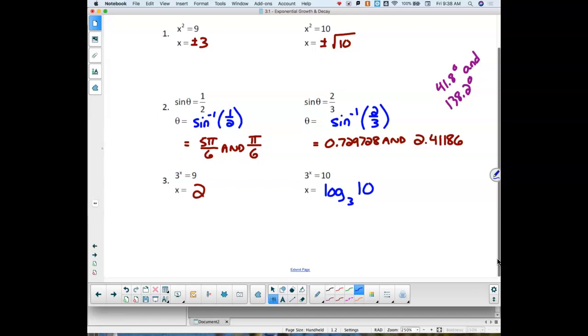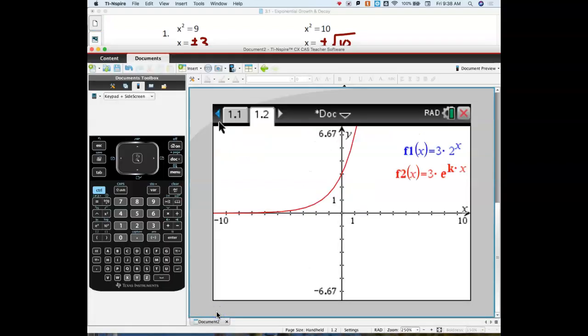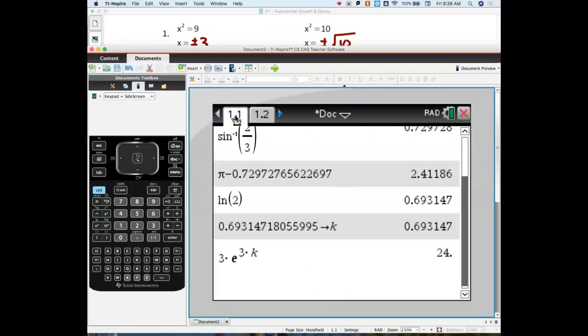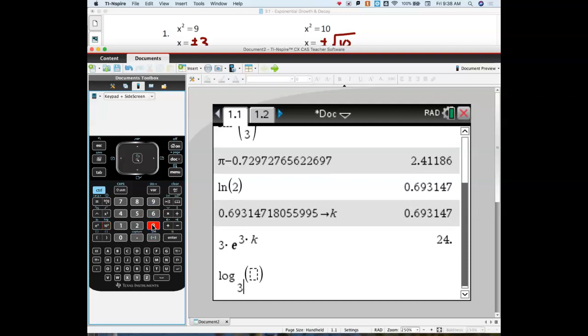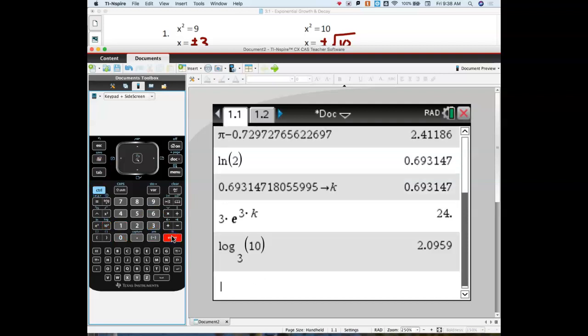Okay? Now, if I want a decimal equivalent of that, now what am I going to do? I could do this on a calculator, right? Some more calculators have this technology now, where we can find the log base 3 of 10, where we can find that, right?